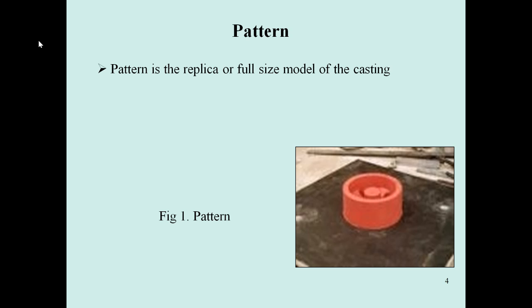All those components are called castings. By taking the replica or full size model of the pattern, we prepare the castings or the finished components. This is one of the simplest models of a pattern.